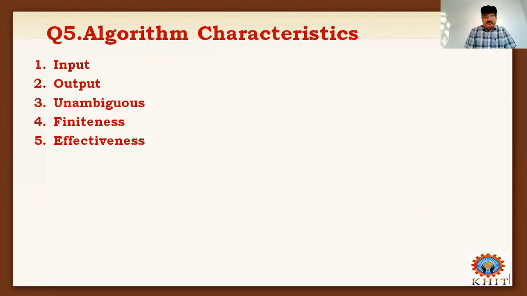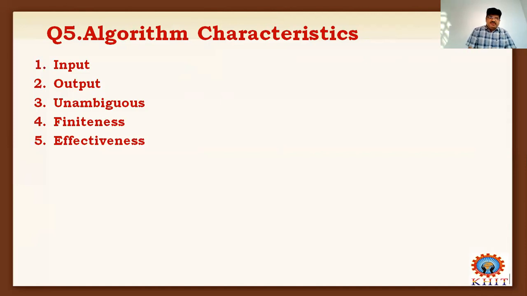The answer is that the algorithm characteristics depend on 5 categories which are listed here. The first one is input, second is output, then unambiguous, finiteness, and last is effectiveness. These are well noted algorithm properties as well as algorithm characteristics.